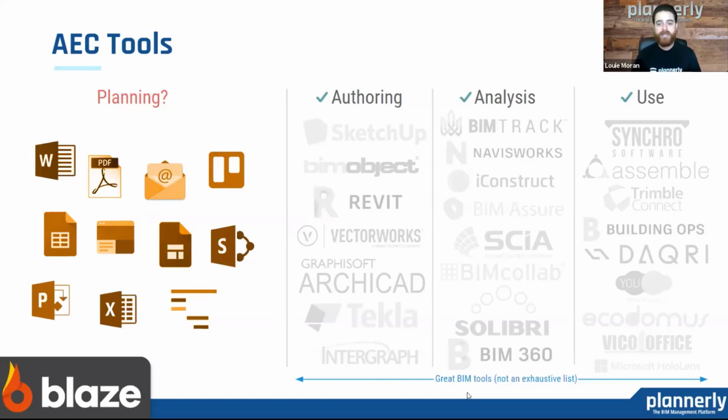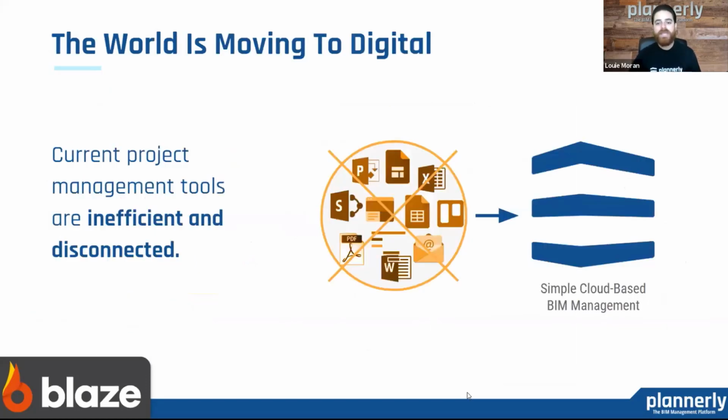So not just creating the BIM execution plan, but using that through the project. And they're also not so connected to the programs we use today. So with the world being more connected, maybe we could use all of these features and tools that we use today, but integrate them and make it more specific around our industry.